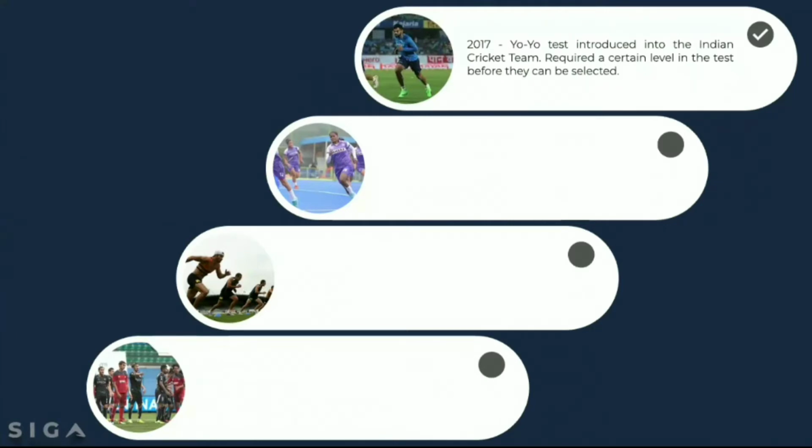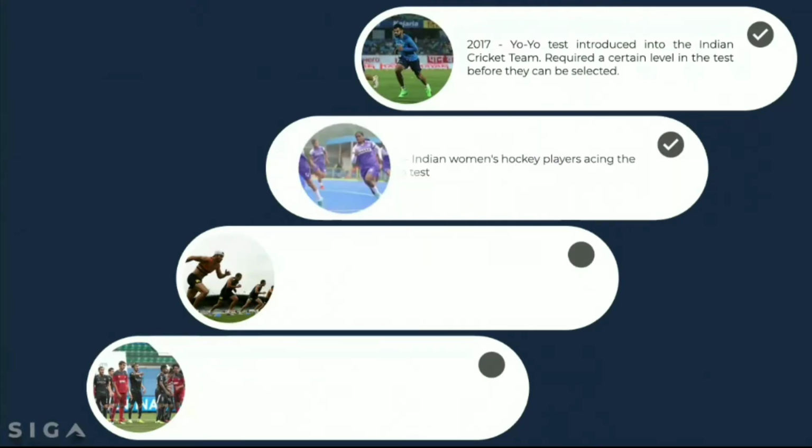Quite interesting. Also in 2018, only 3 years ago, the Indian women's hockey team players were acing the yo-yo test. They are also being tested, and perhaps this data is providing practitioners with fruitful information for training prescription.